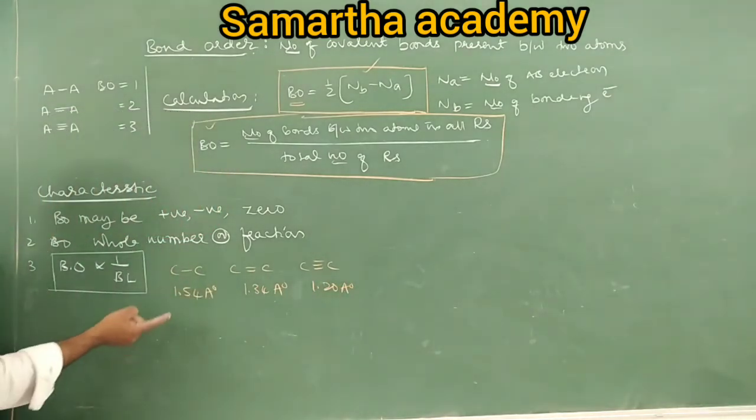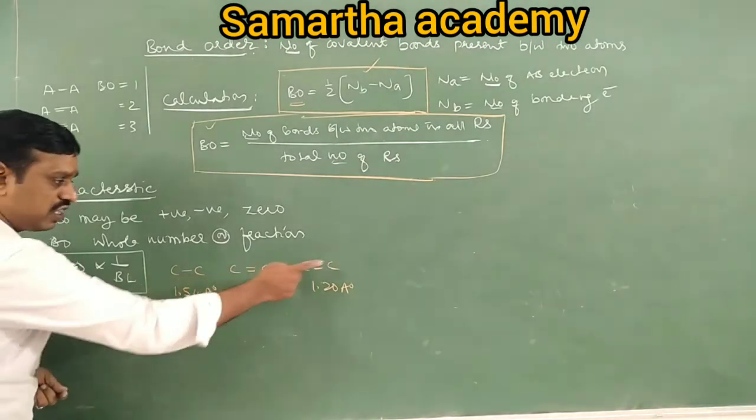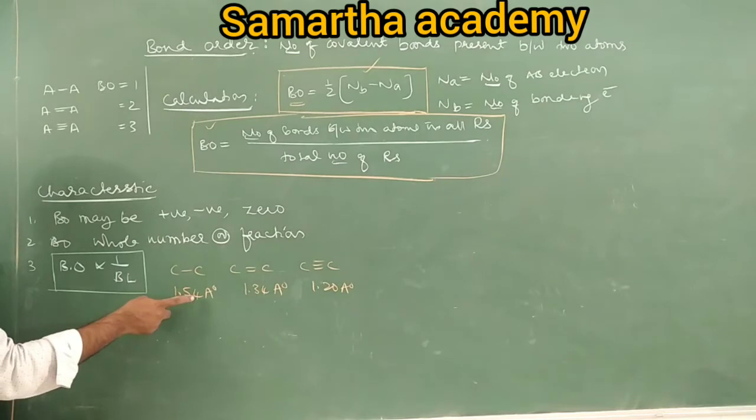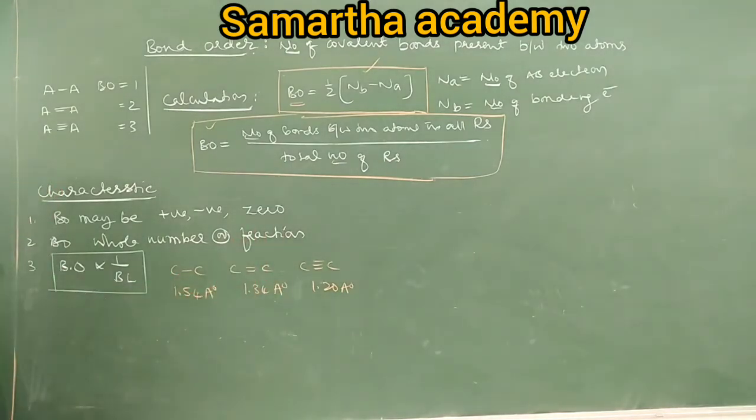Number of bonds are 1, 2, 3. As the number of bonds increases, bond length decreases. Therefore bond order is inversely proportional to bond length. Next, fourth characteristic: bond order is also directly proportional to bond dissociation energy.